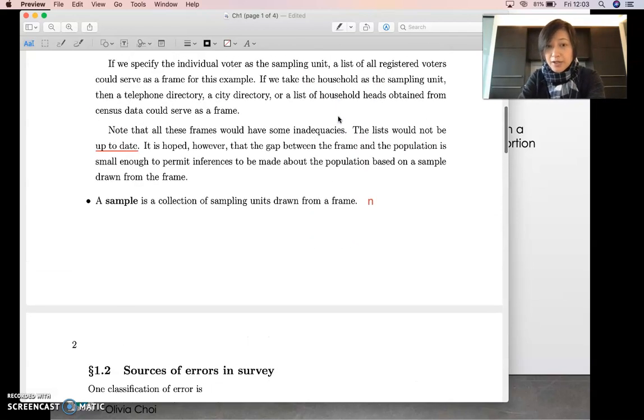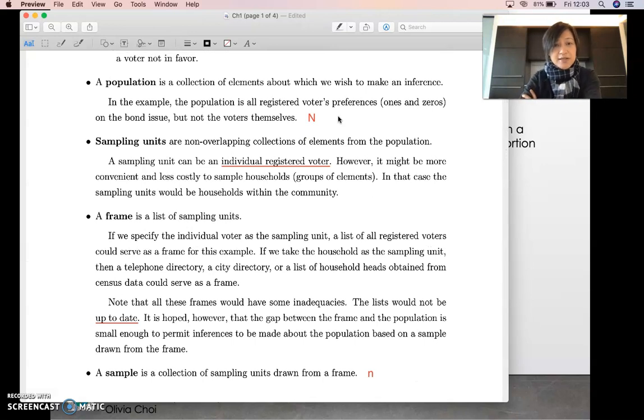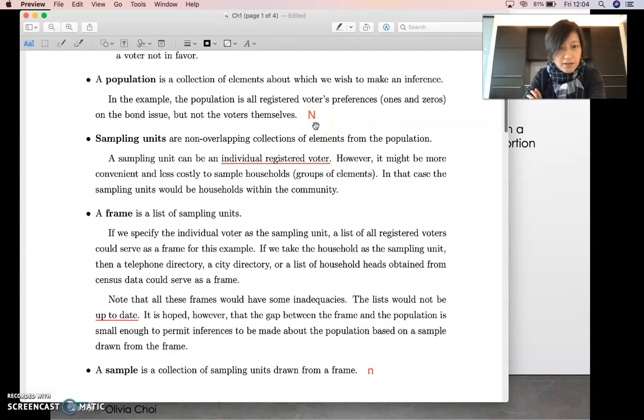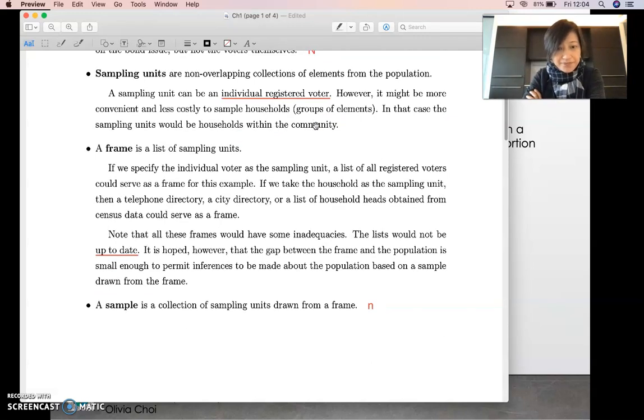You may usually see that the sample size, little n, must always be less than or equal to the capital N, the population size. The sample size is less than the population size, but if the sample size equals the population size, then we are doing a census, a full coverage of the population. Okay?